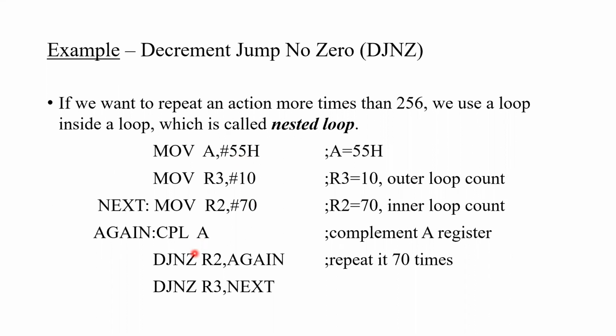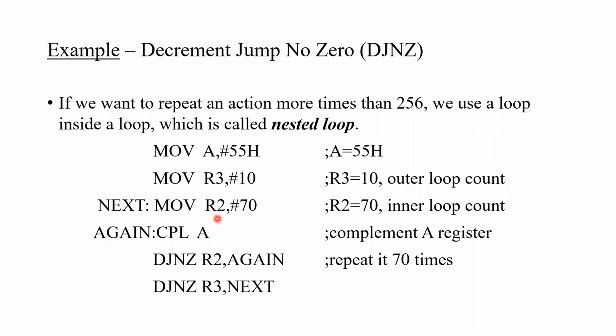Then decrement jump if not zero R2: first decrement the value of R2. If I decrement it, it will be 69. We consider that as decimal, though the hexadecimal equivalent is stored in R2.